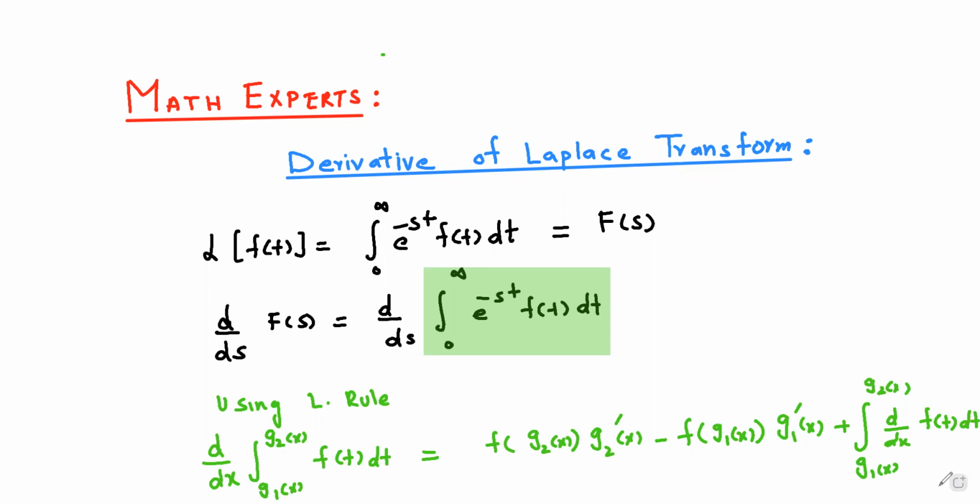Now students, we use this rule in our problem. d by ds of F of s is equal to d by ds of the integral from 0 to infinity of e raised to power minus s t, f of t, dt.